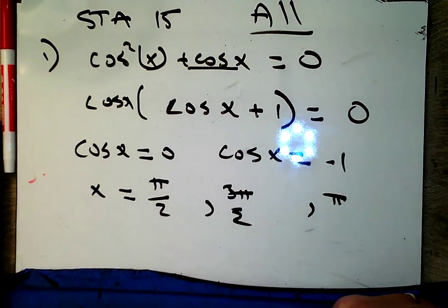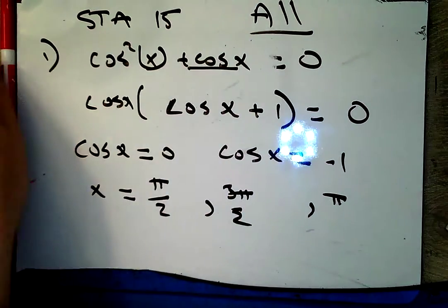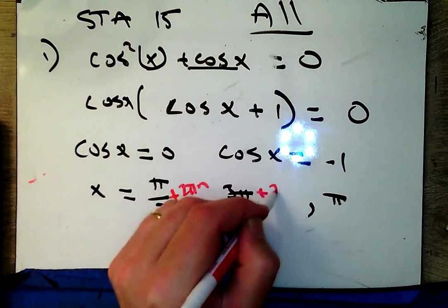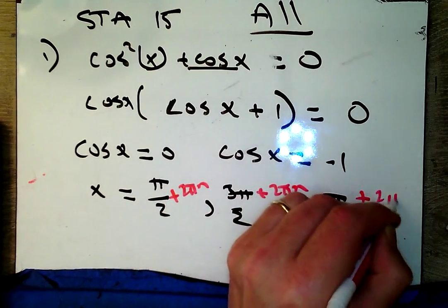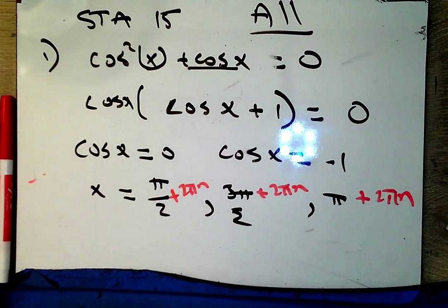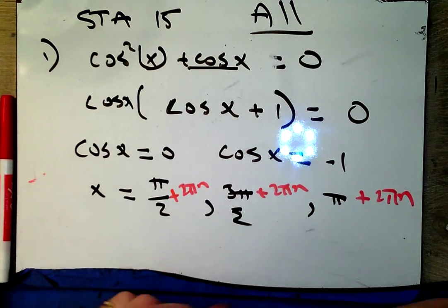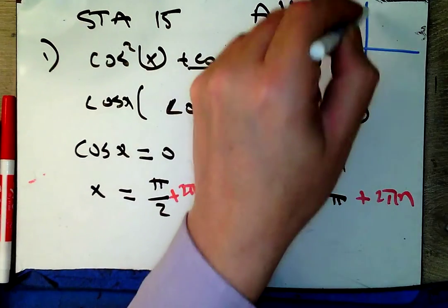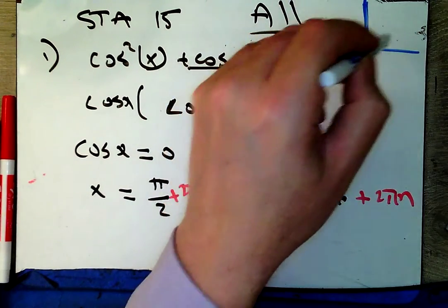So many students, because this is all solutions, now say plus 2 pi n, plus 2 pi n, plus 2 pi n. And I wouldn't mark you wrong for that. I'm not sure about Mr. Paz. He might mark you wrong for that because it's not as simplified as possible. Because look, here's pi over 2, here's 3 pi over 2.